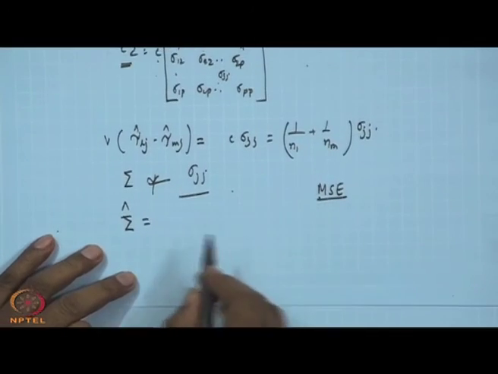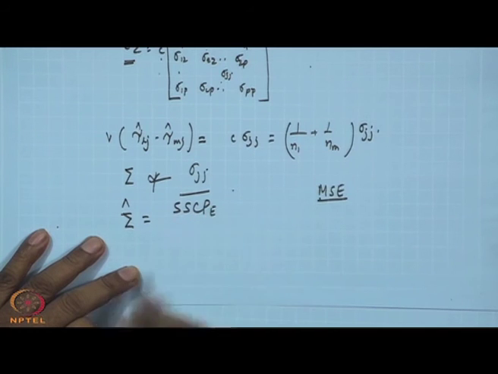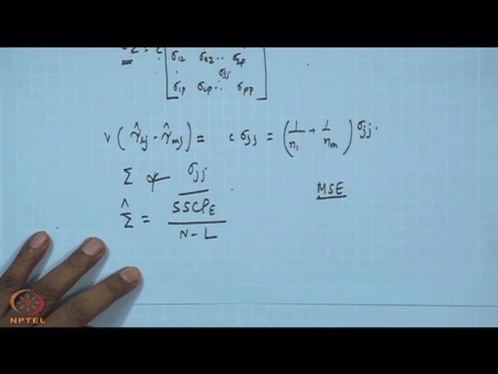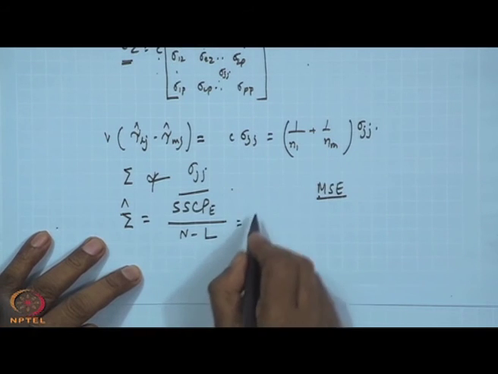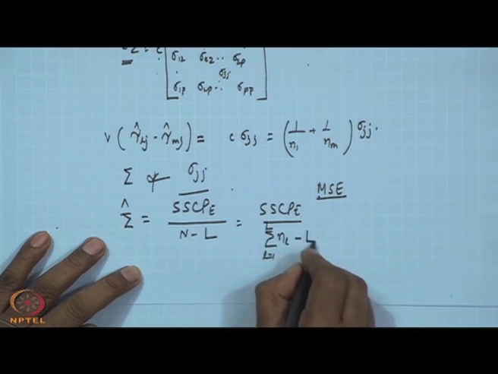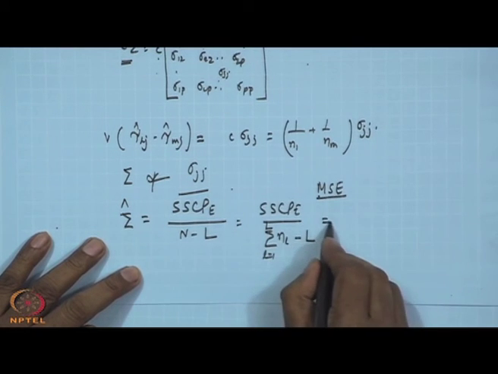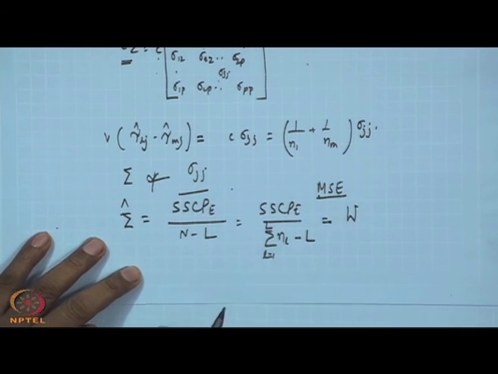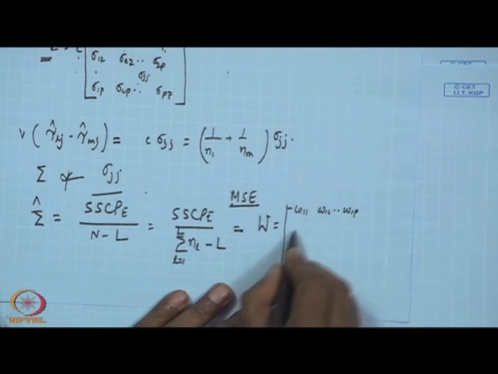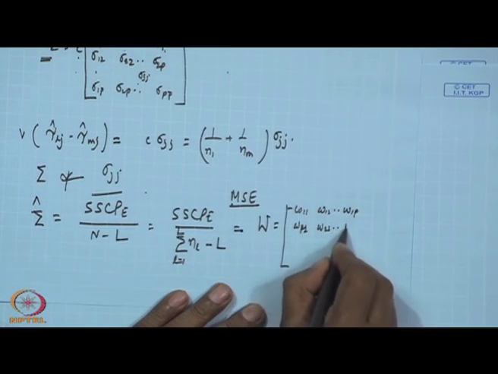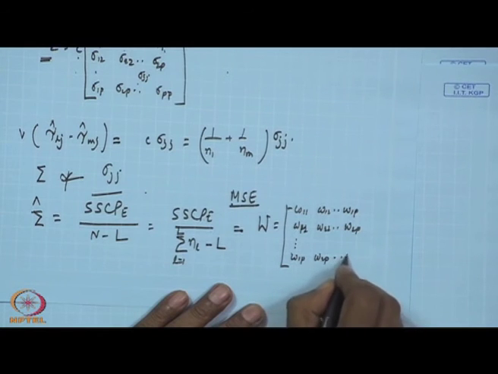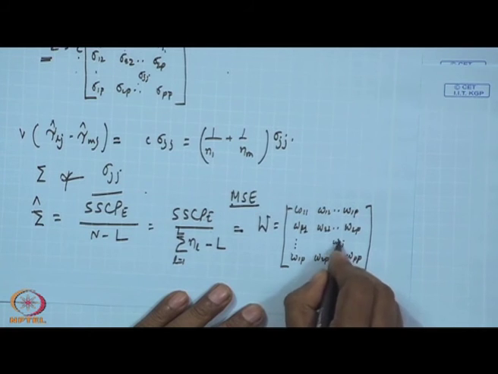Here also you have found SSCPE. If you divide it by its degrees of freedom, the sum over L equal to 1 to capital L of N L minus L, this is the estimate of sigma. Suppose we write this as W, which is the matrix W11, W12, up to W1p, then W22, up to W2p, and finally Wpp, with Wjj somewhere in between.